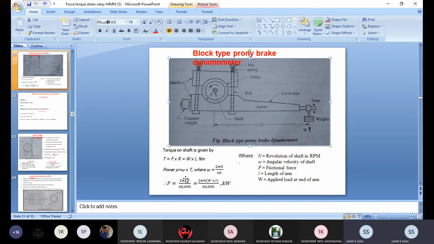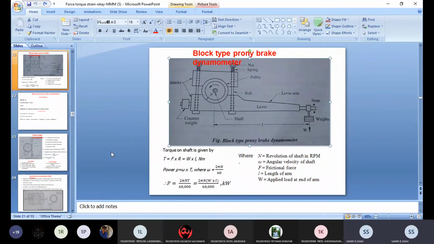Now we have the equation that we know very well, that P is equal to omega into T, where omega is equal to 2 pi N by 60. We put the speed in the equation.